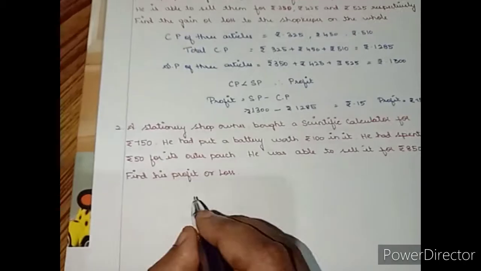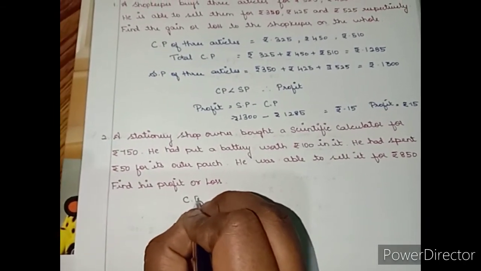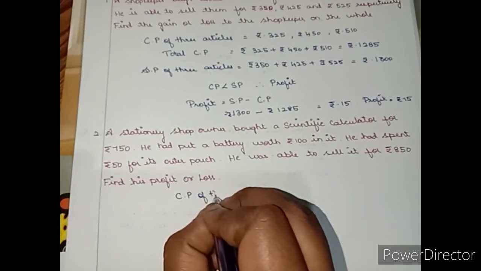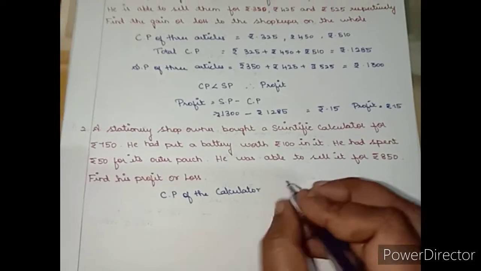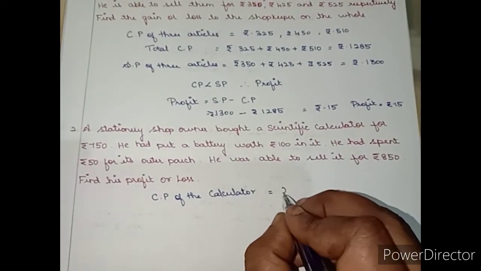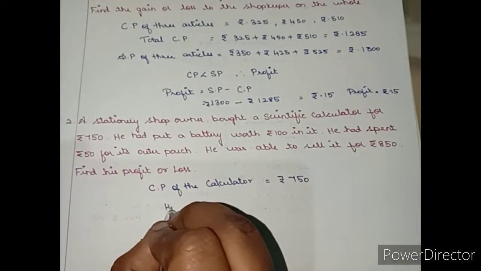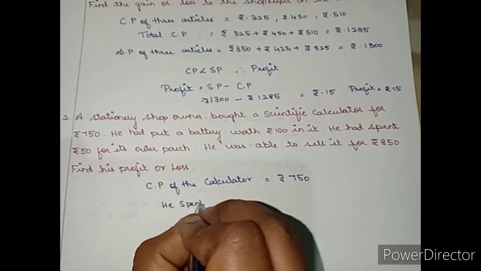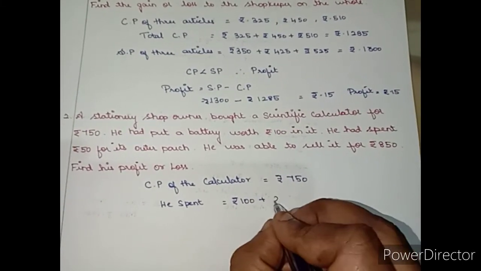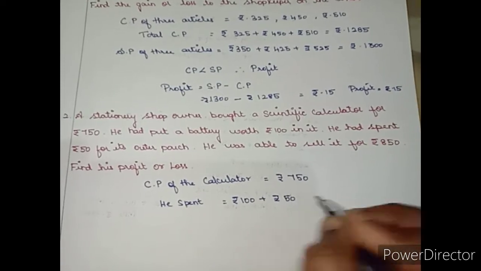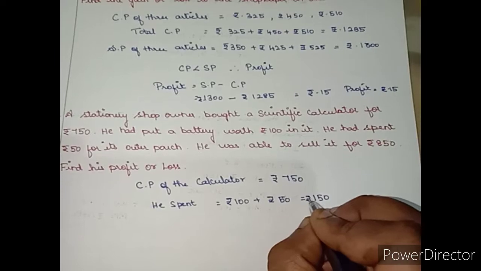Okay. So CP of the calculator is equal to rupees 750. He spent some amount, right? He spent rupees 100 plus rupees 50, so totally 150 rupees he has spent.